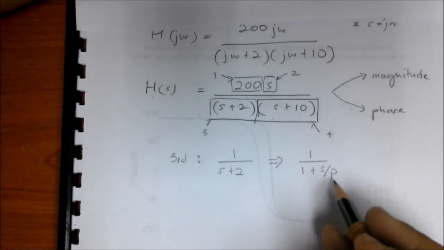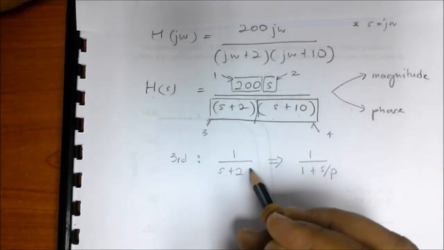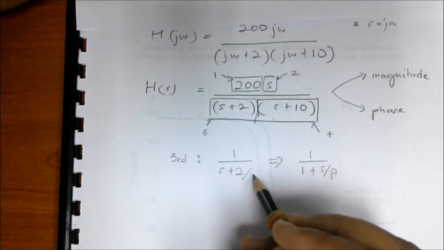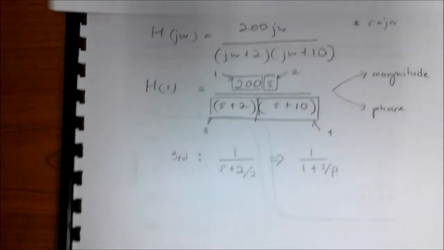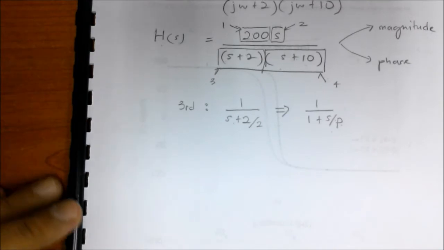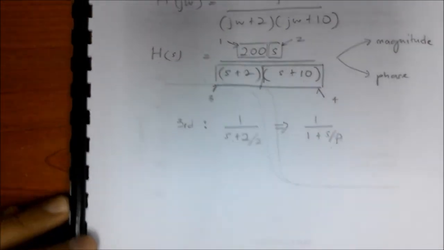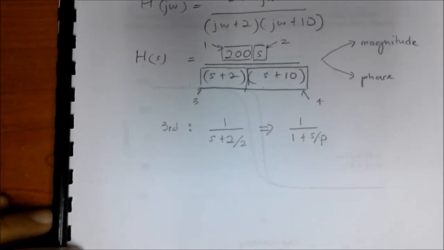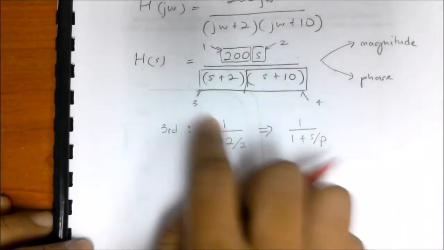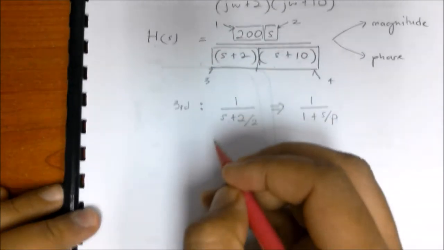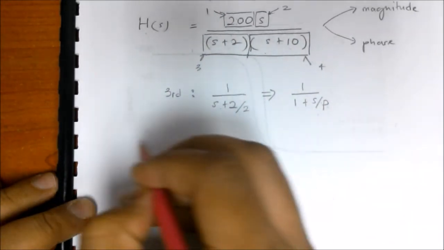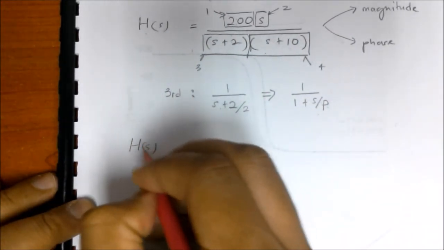In order to do that, we have to divide by 2 on our third factor, but we have to account for it in the whole transfer function. So let's do it on the complete transfer function here.